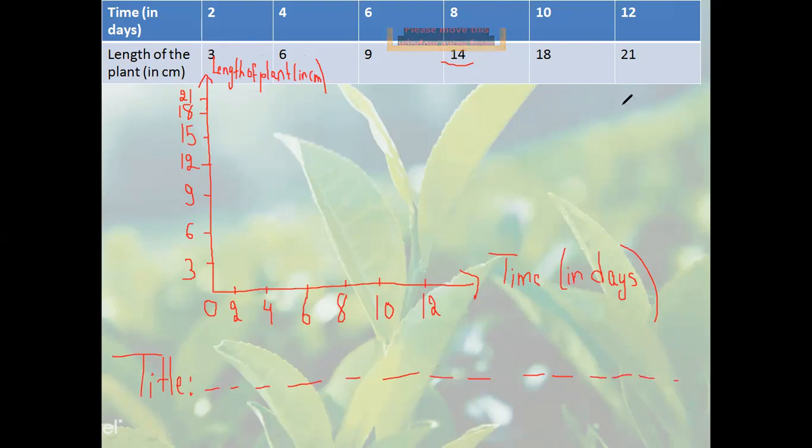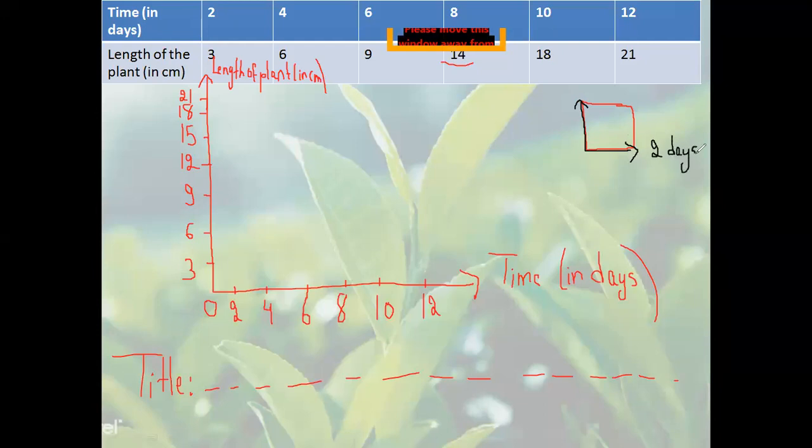Here you have graph paper. You choose any of the boxes in the graph paper, and you have to do the scale. Here the scale: on the x-axis, every 1 centimeter is what? It's 2 days.